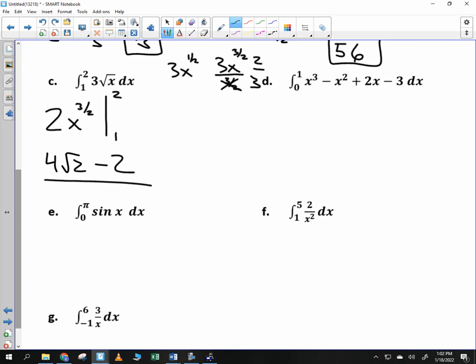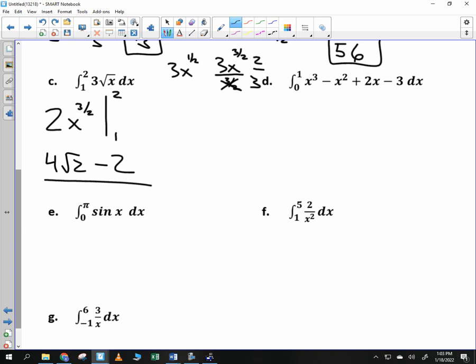Oh no, we got all sorts of crazy stuff going on. We got x cubed minus x squared plus 2x minus 3. Plug in 2. What's 2 cubed? 8. What's the square root of 8? 2 roots of 2 times 2, 4 roots of 2.